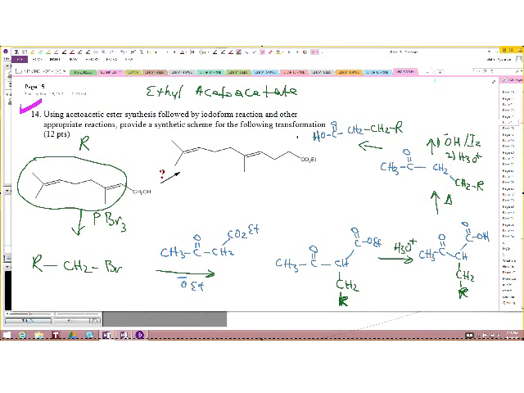We want to go to here. So we take ethanol, in the presence of sulfuric acid, and that is your Fischer esterification.